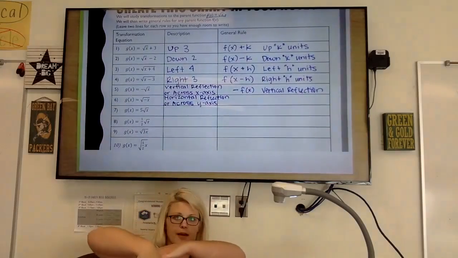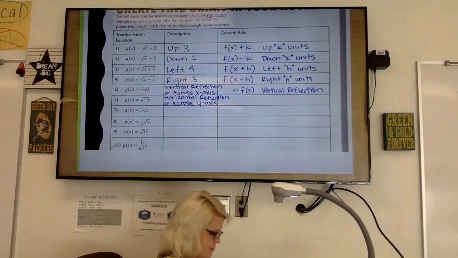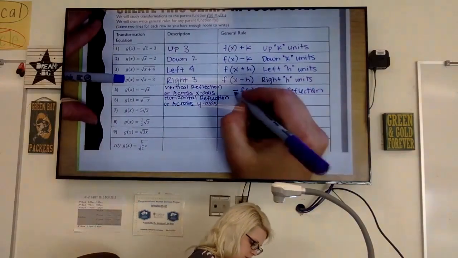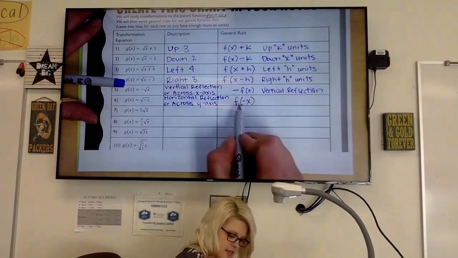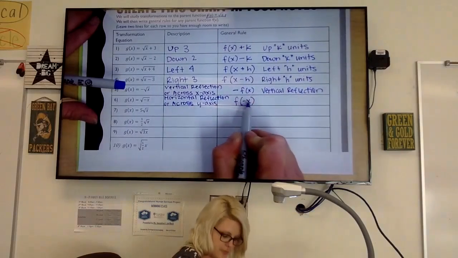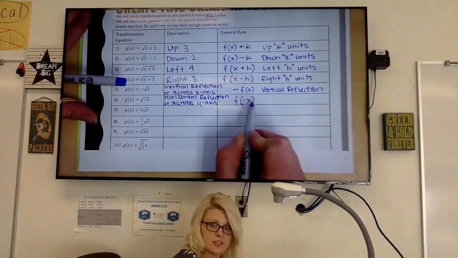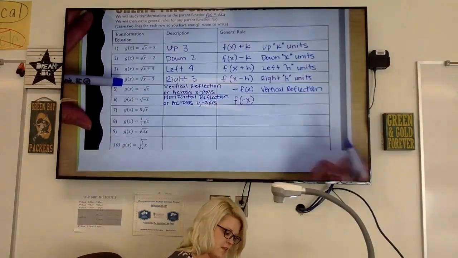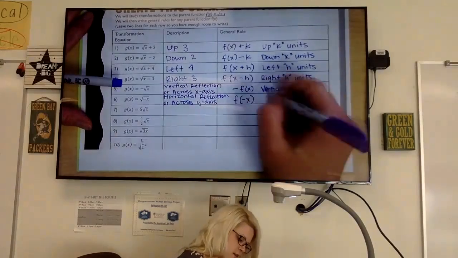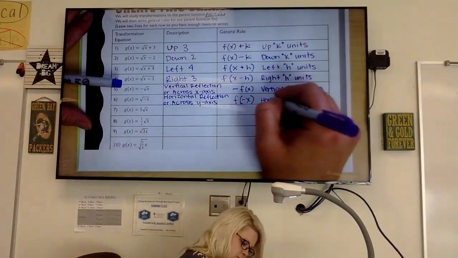If we're reflecting up and down, you're crossing the x. Then the next one, we would say f of negative x. That's just trying to tell us if I see a negative in front of the x inside the function. Inside the parentheses represents inside the function. If I see the negative there inside, then that's going to be a horizontal reflection.